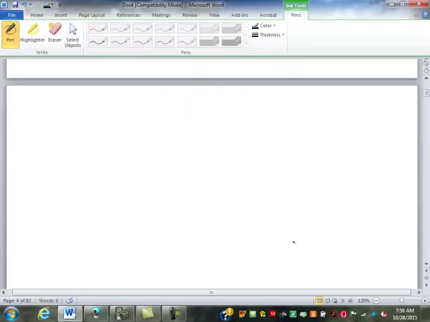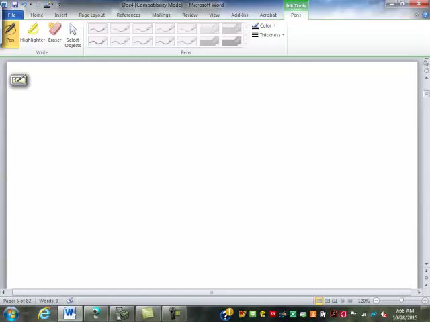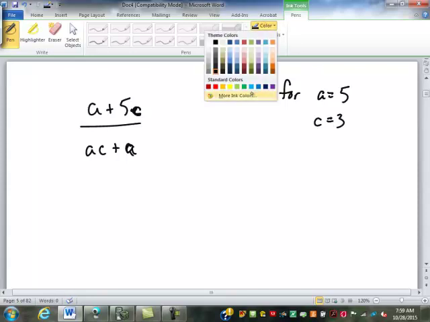There's evaluating formulas. You might have something like this, for A equals 5. Oops, this is a C, not an E. And C equals 3.